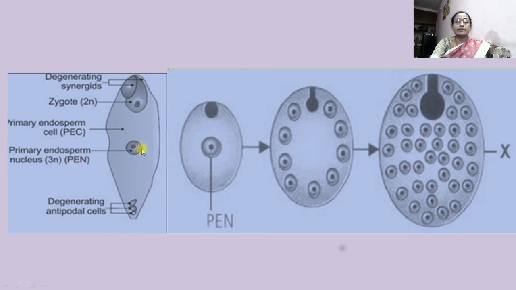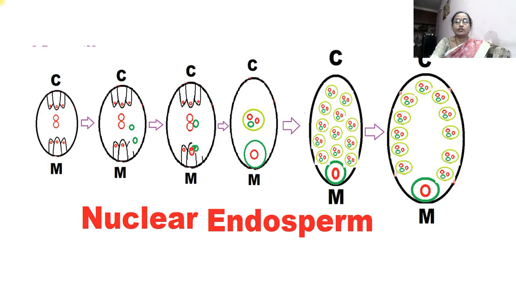Now the further divisions of this primary endosperm nucleus are only nuclear. No cell wall is formed between these two or many nuclei, and they remain in a free nuclear stage, and this is called nuclear endosperm.